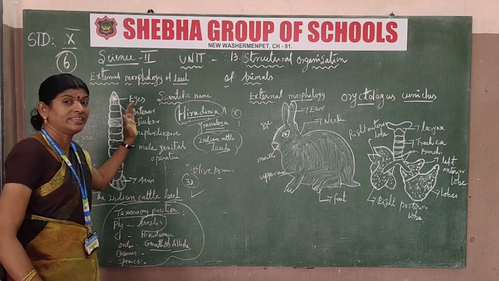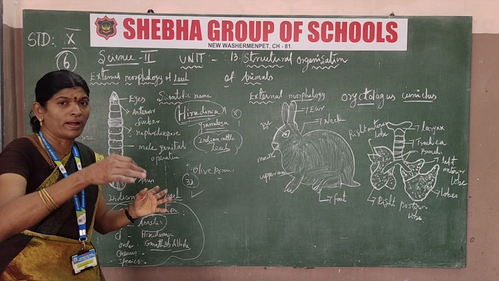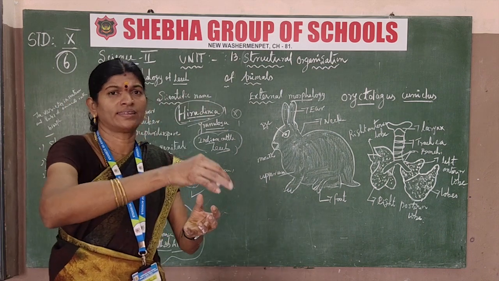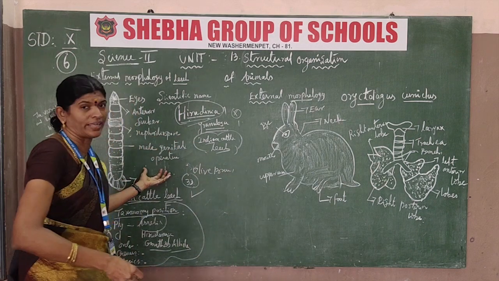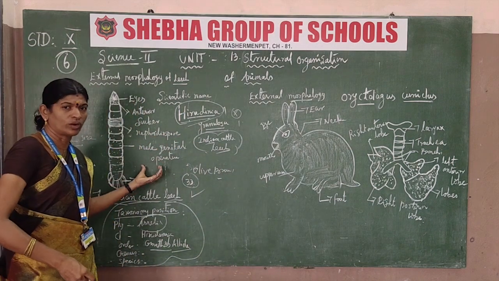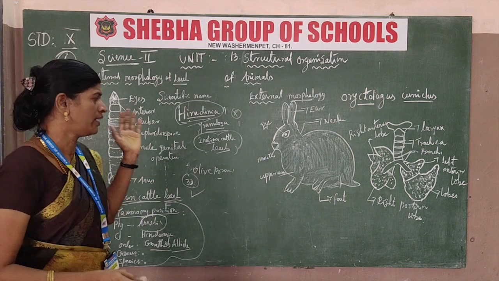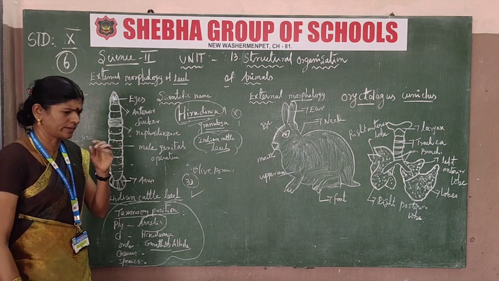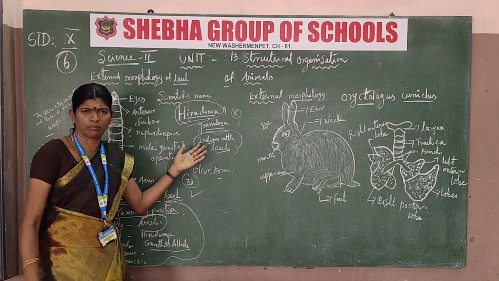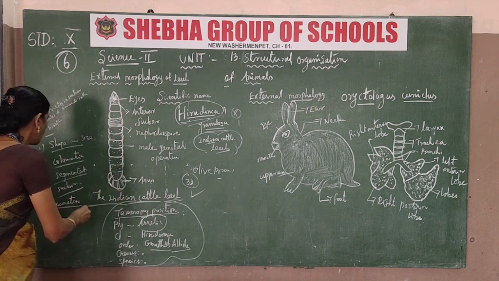This is an ectoparasite. What is an ectoparasite? It depends on another organism, sucking and eating blood only. This is a peculiar character of the leech: it only sucks blood from human beings and other animals.